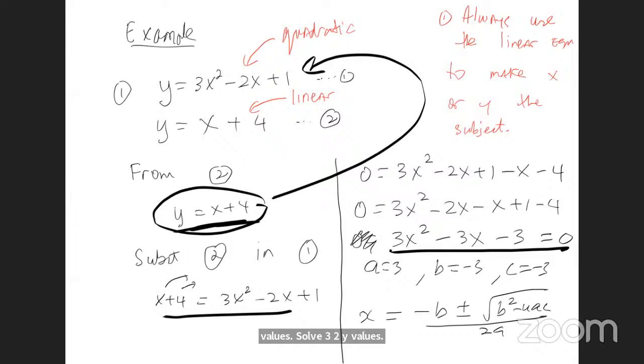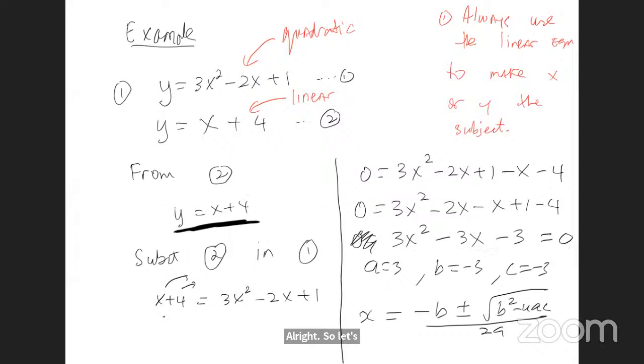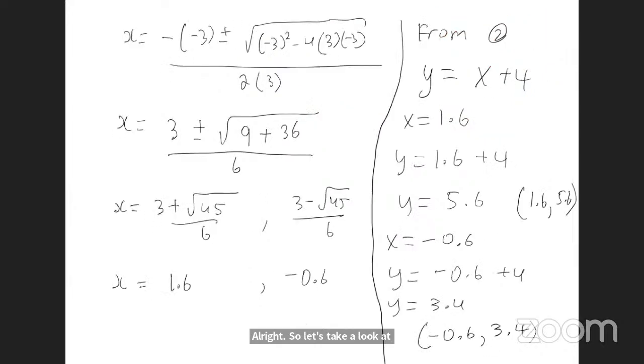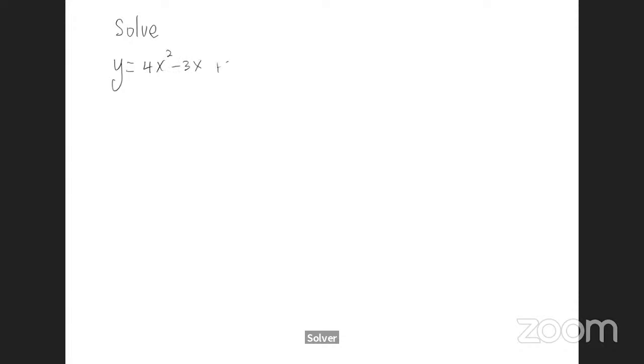So let's take a look at how to do that, right? So I would like you to solve this here for me. Solve that, please.